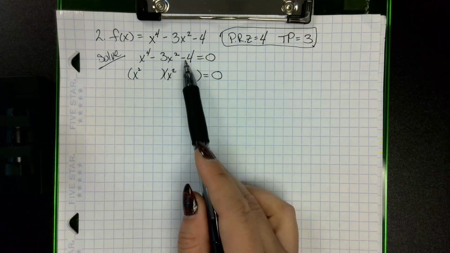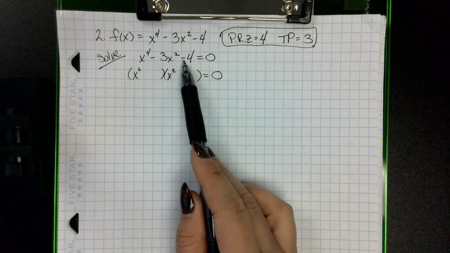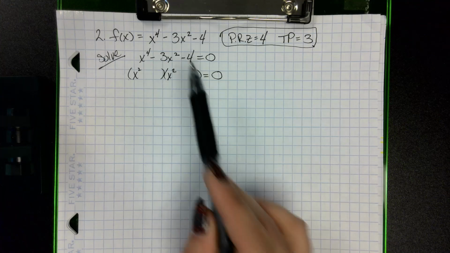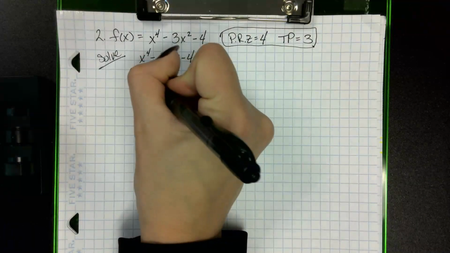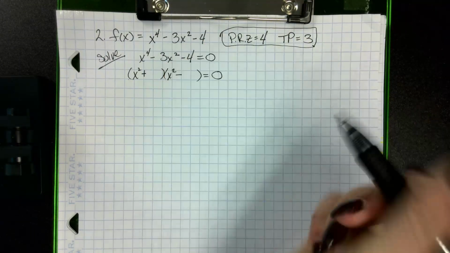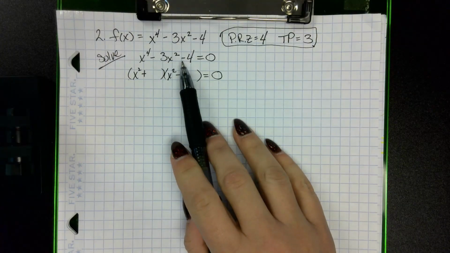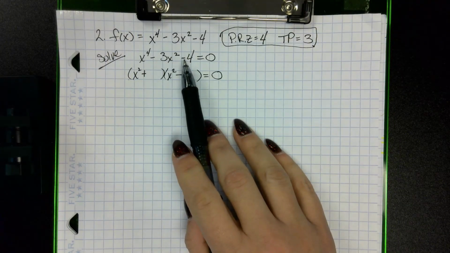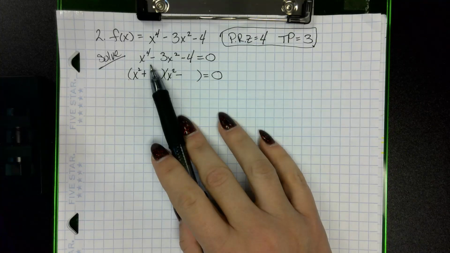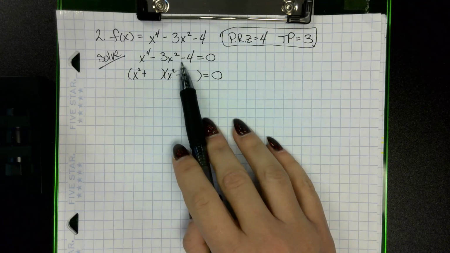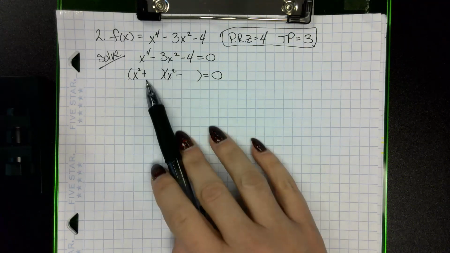All right, so then I'm going to look at my second sign. It's negative. Since it's negative, it tells me I'm going to have one positive and one negative factor. When the second symbol was positive, it told me they were the same, and I had to look to the first one to see what they would be. This one, it's negative, so it says they're opposite. So I have one of each.